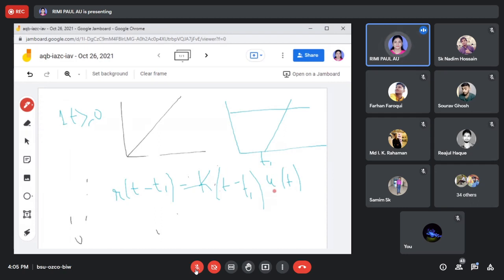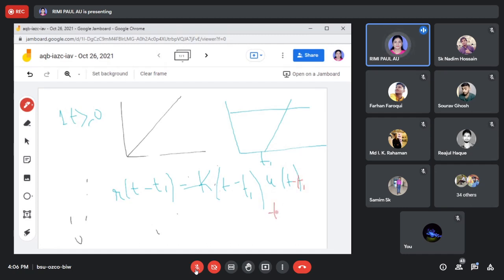Whenever you multiply the ramp function with this, you get 0. For t less than 0, this value is 0, so whatever value you multiply, u(t) is 1 multiplied with 0, you will get 0. So you have to shift this one also. So you have to write here t - t1.